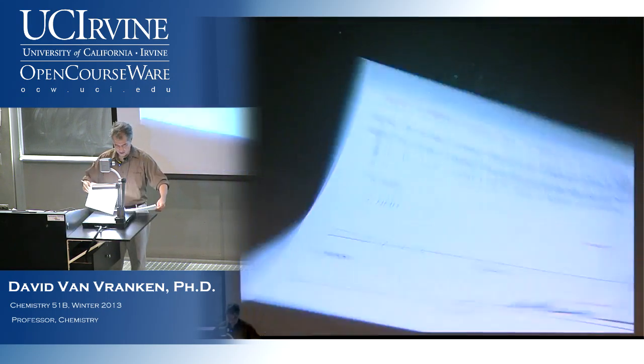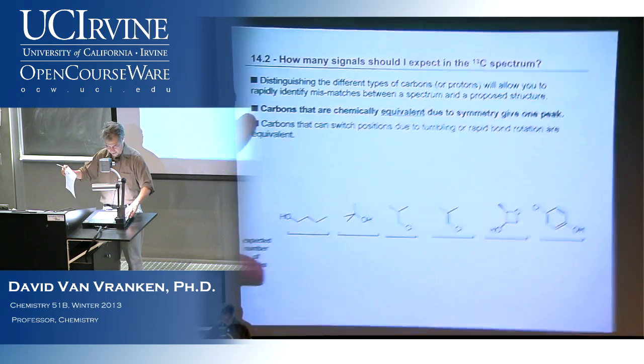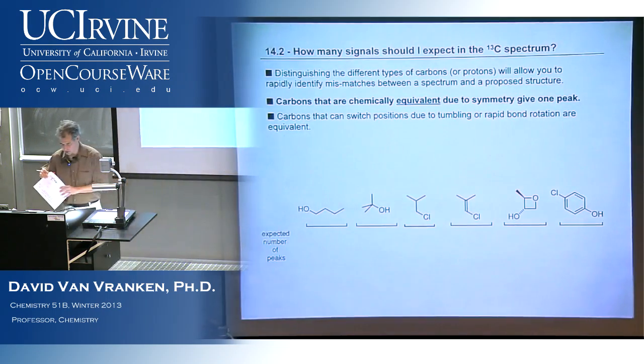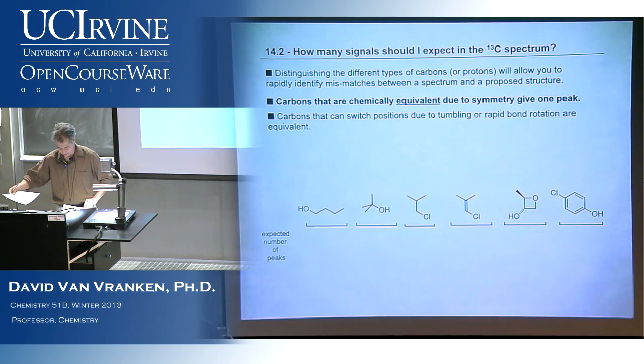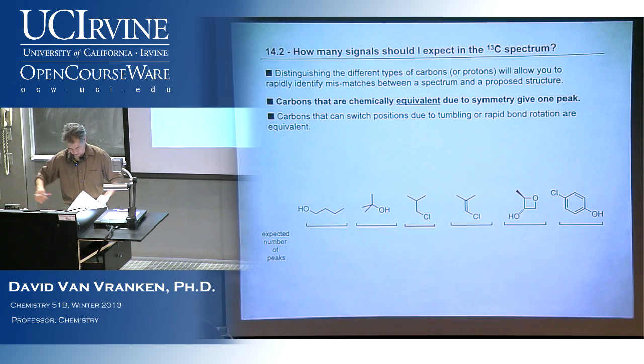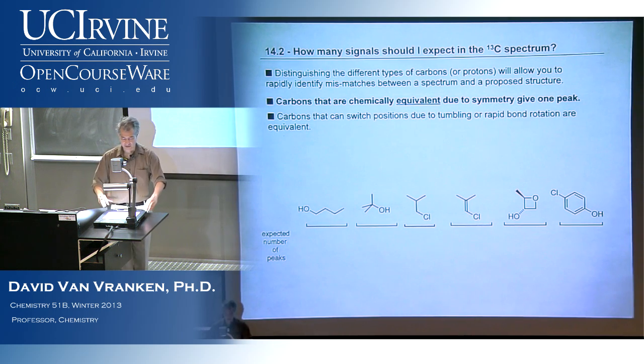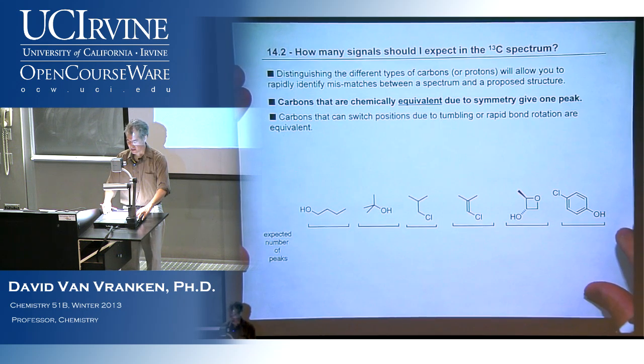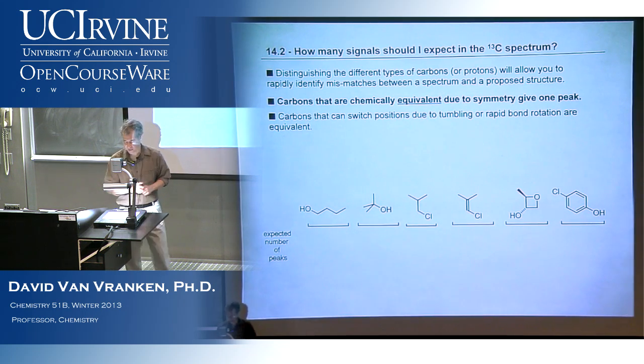So the first and most powerful thing that you can do when you're trying to analyze NMR spectra is to try to gauge how many different signals I should expect to see in my carbon-13 spectrum.